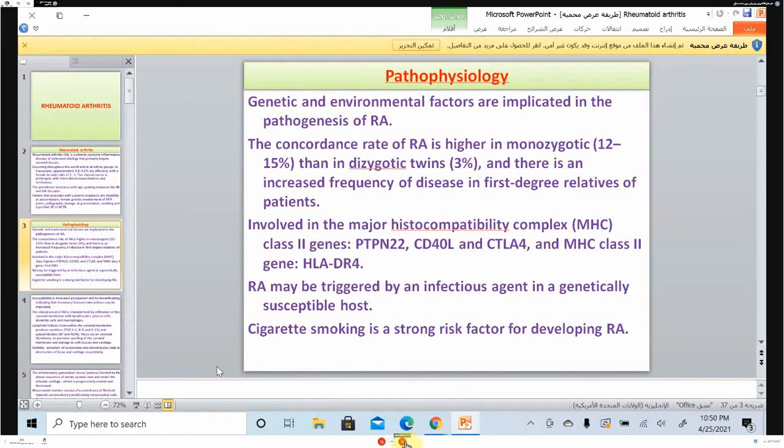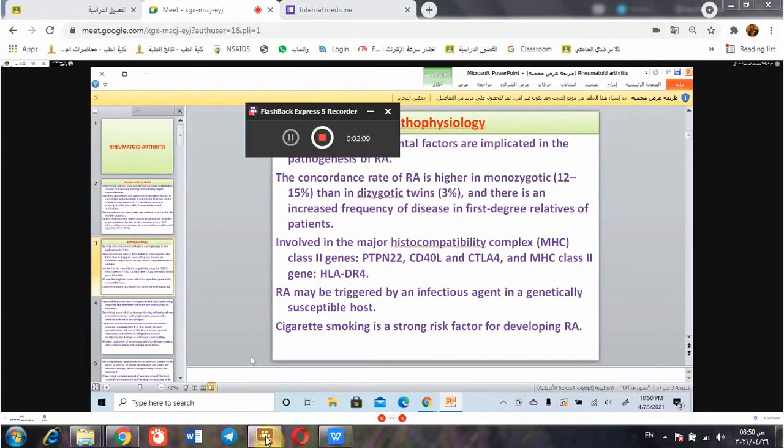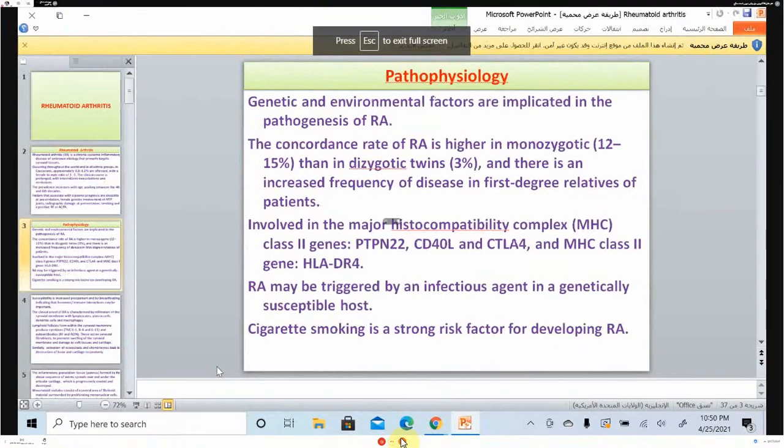Involved are the major histocompatibility complex class 2 genes, PTPN22, CD40L, CTLA4, and the major histocompatibility class 2 gene HLA-DR4.